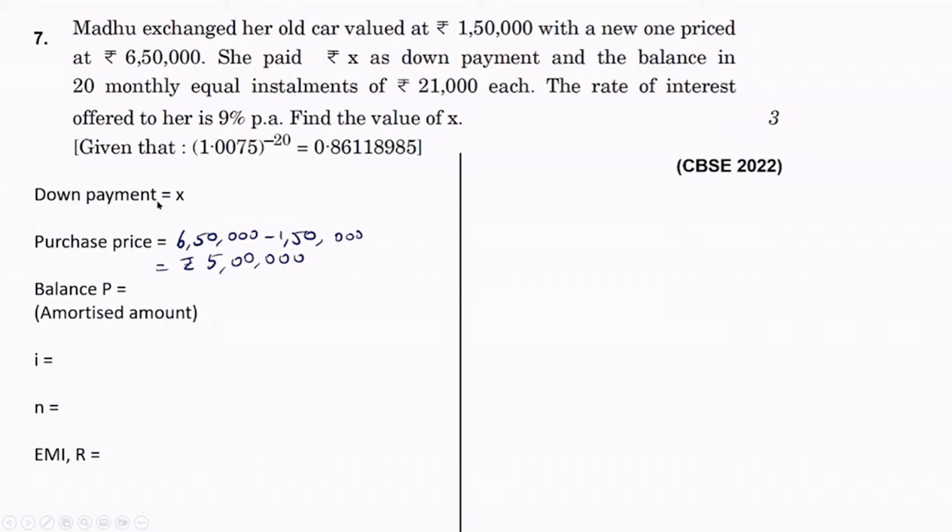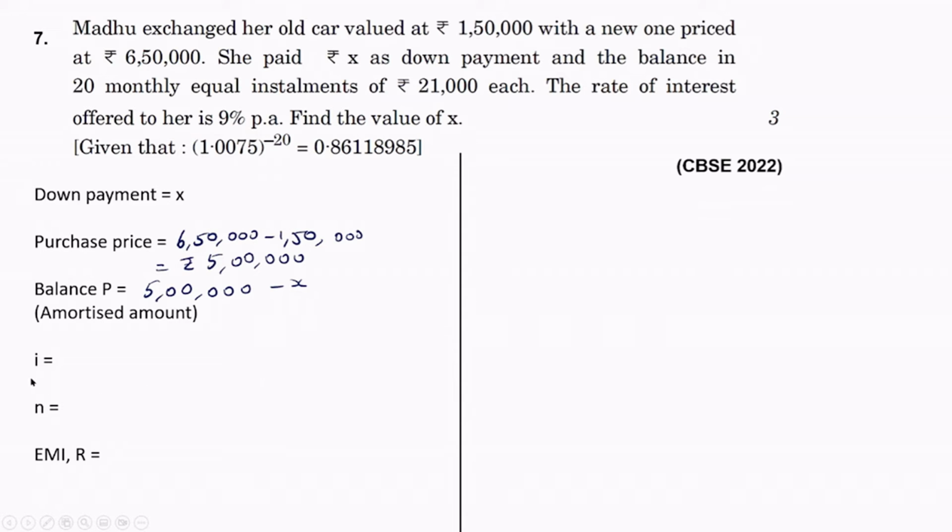But she has already made a down payment of rupees X. So the amount for which she has obtained loan, which is the balance or the amortized amount P, is given by 5 lakh minus X. So this is the amortized amount.